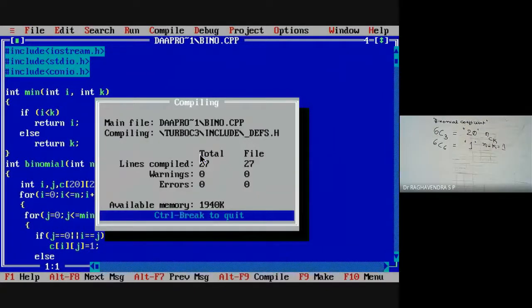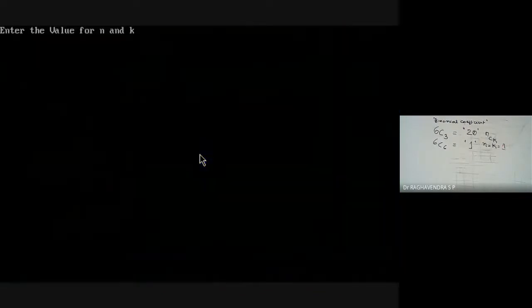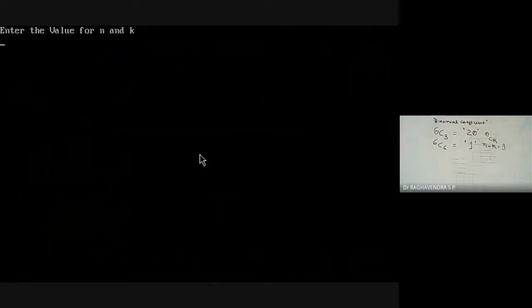I'm going to compile this first, then I'm going to execute this. The values for n and k. So the first problem I have taken is 6C3. Once you execute this problem 6C3, you are going to get the result 20.